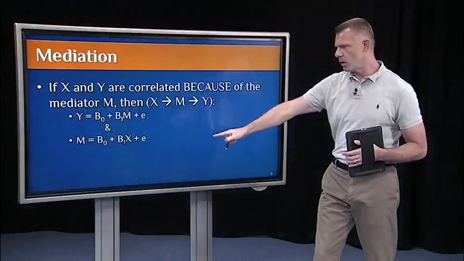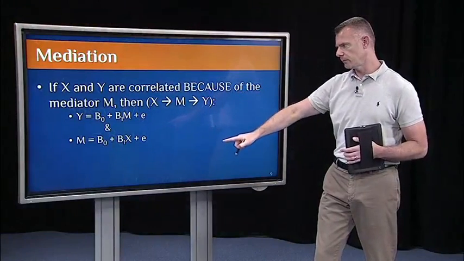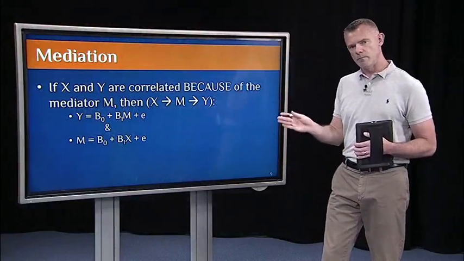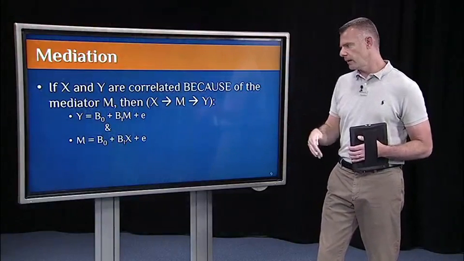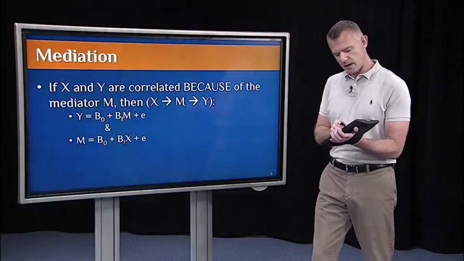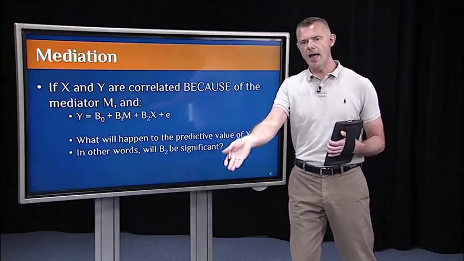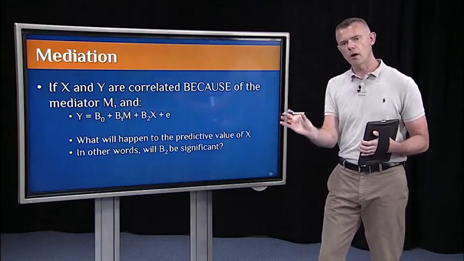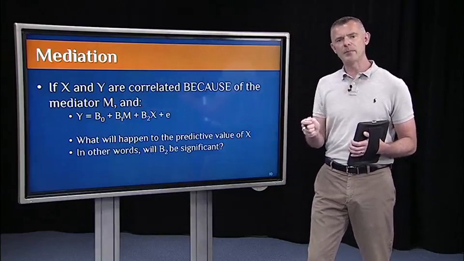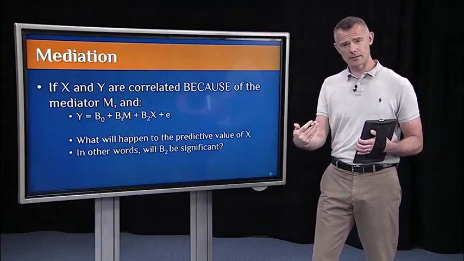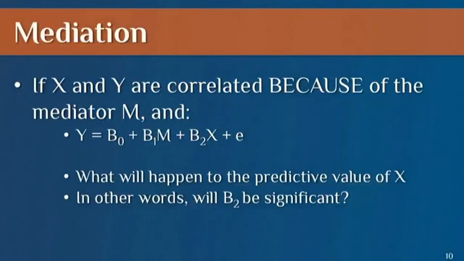So we can run both of these regression equations. First, the mediator predicting y, and second, x predicting the mediator. And then finally, put both the mediator and the predictor x into one equation and see what happens to the original predictor x. Does that predictor remain significant and strong?